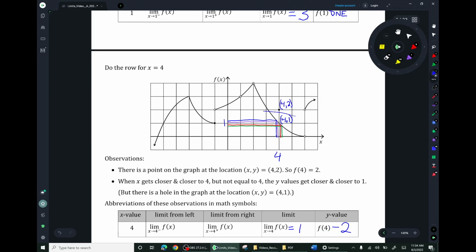And we see that this behavior is reflected in this symbol. This number here is the x-coordinate, and this number here is the y-coordinate of this location that the graph appears to be heading for. So notice that I don't say that it's the point that the graph is heading for, it's the location that the graph is heading for.